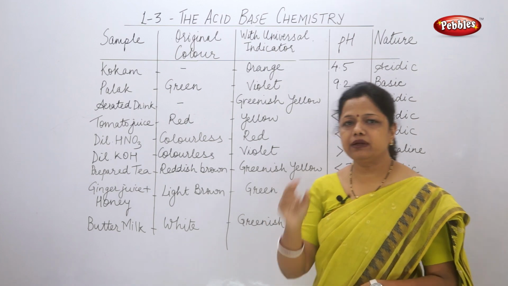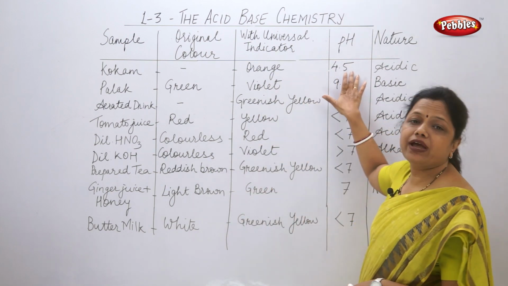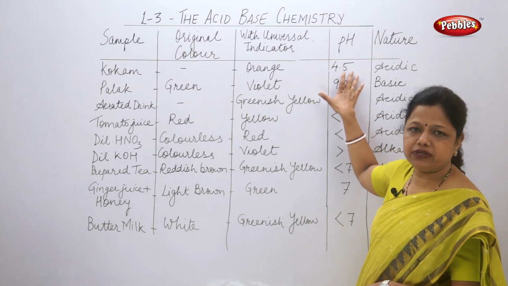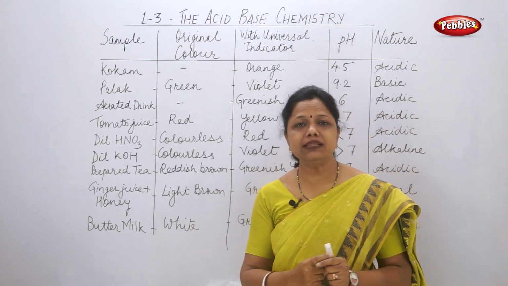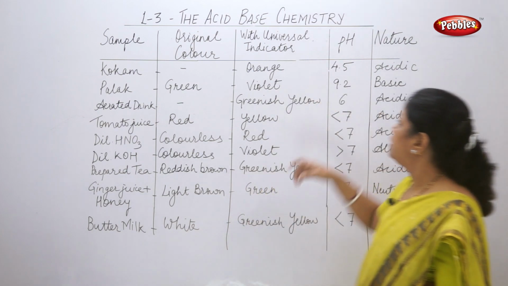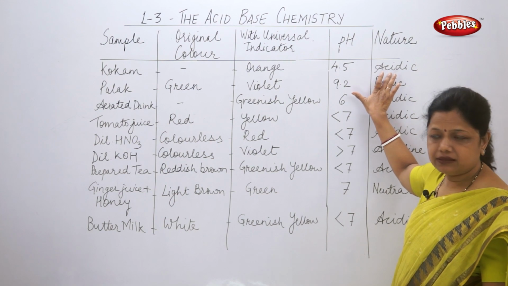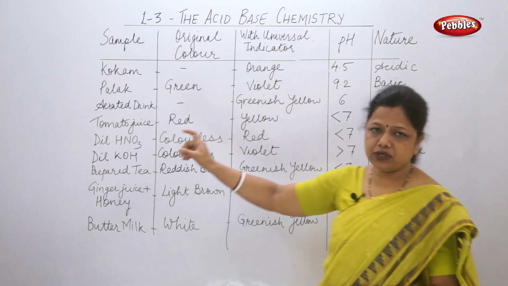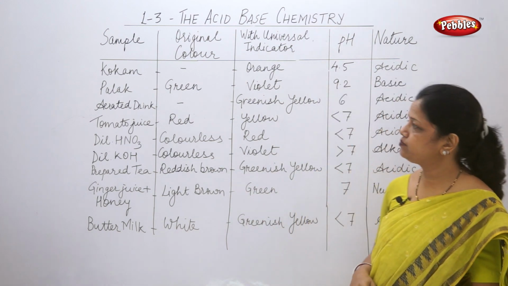So approximately, seeing the color on the strip, 4.5 pH is written. Now as I said, from 0 to 7 on the pH scale, it is always acidic in nature. So if it is 4.5, the nature will be acidic. That means the substance, kokum sarbat or kokum extract, will be acidic in nature.